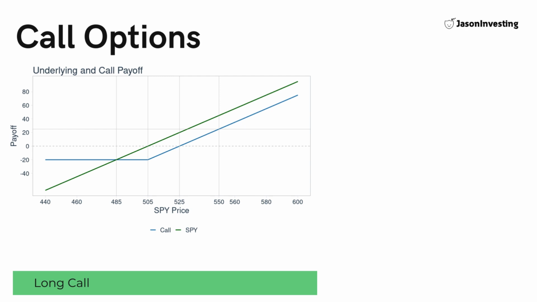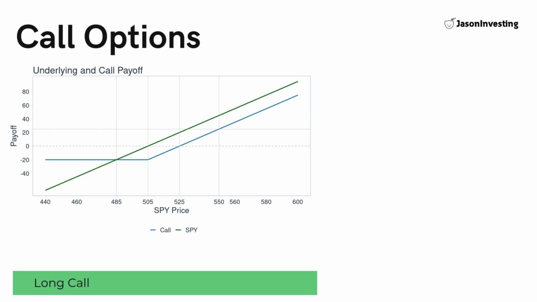But notice that below 485, while your loss is capped at minus 20, the underlying's losses potentially will go down to 0, because the underlying SPY could go all the way down to 0, although it's very unlikely, and then your P&L will go down accordingly.